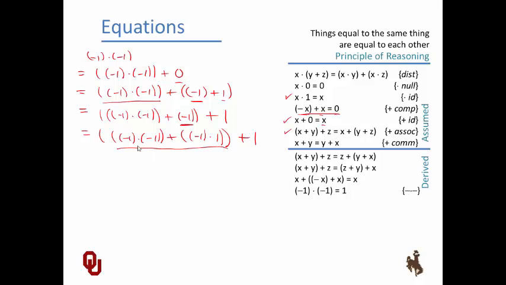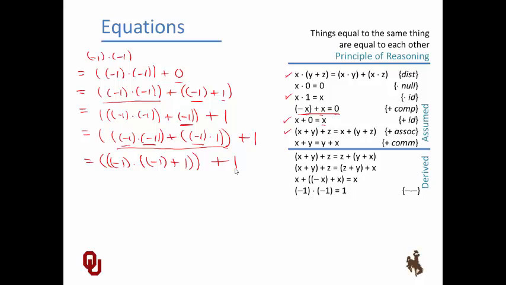It's a sum of 2 products in which the left-hand factor in each product is the same. So we can use the distributive law to factor that part out. And this will mean that we have minus 1 times, and this will be all one piece here, the second factor here, which is minus 1, added to the second factor here, which is 1. And we still have the plus 1 at the end.